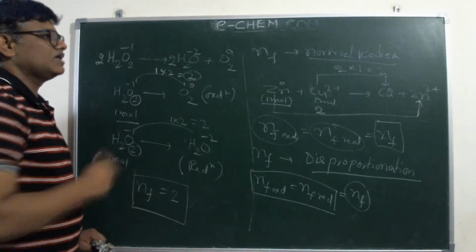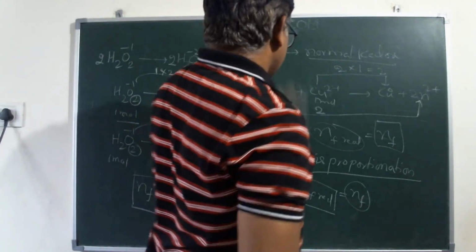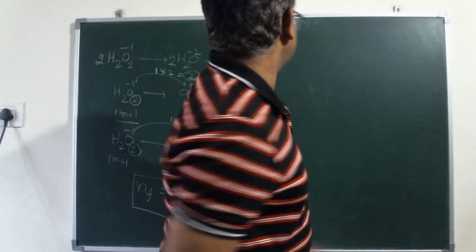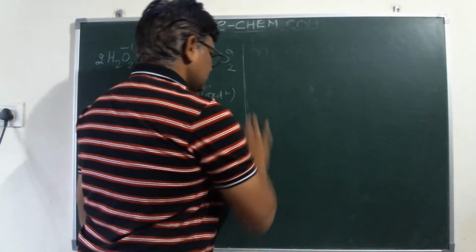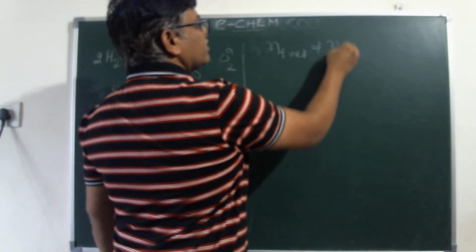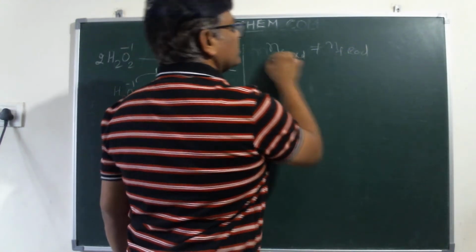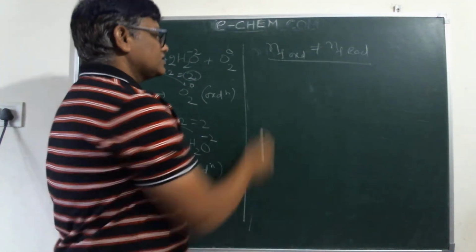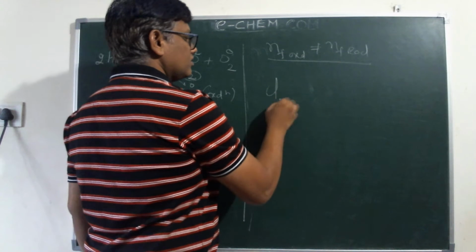Now let's go for the calculation of the n factor when the n factor of oxidation is not equal to the n factor of reduction in a disproportionation reaction. For example, I am taking chlorine.